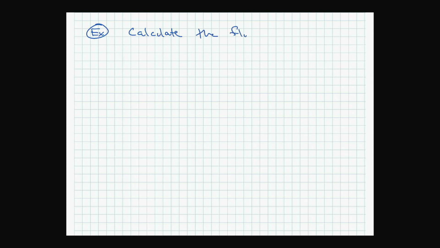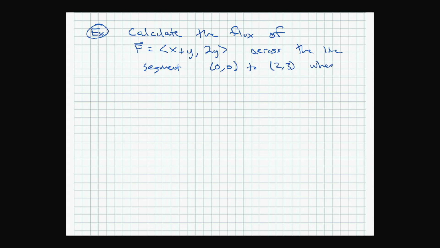Calculate the flux of f equals x plus y, comma 2y, across the line segment 0, 0 to 2, 3, where the curve is oriented left to right.